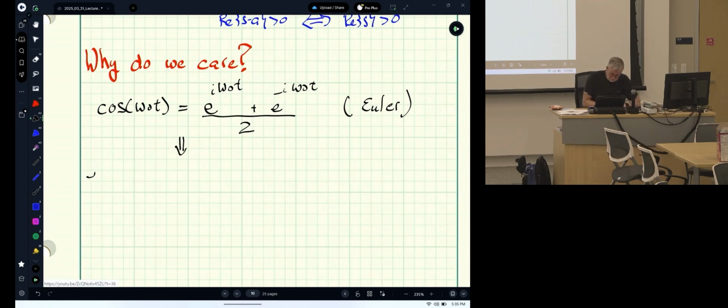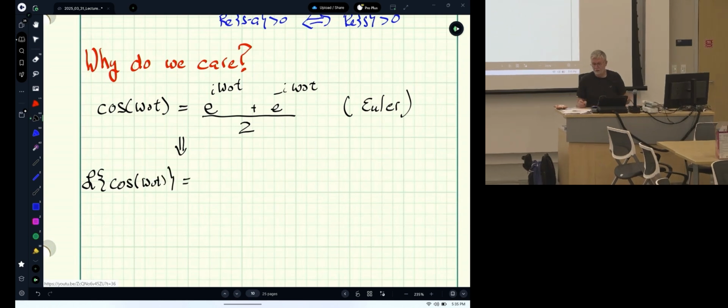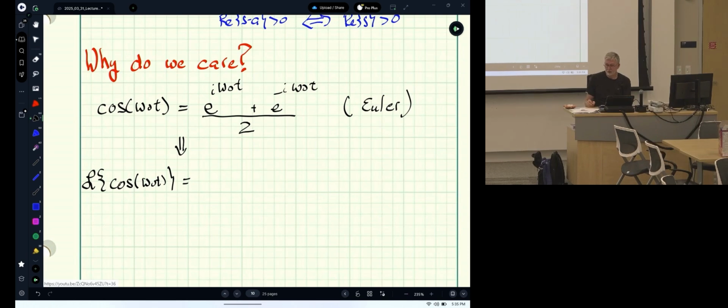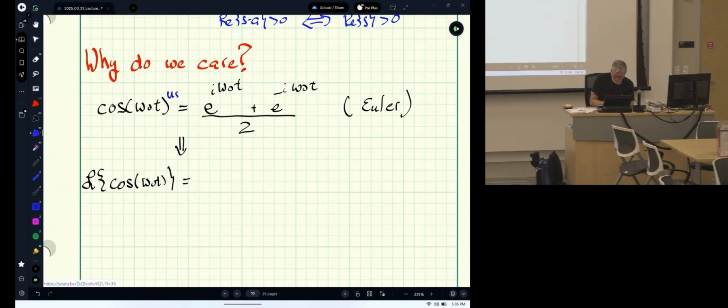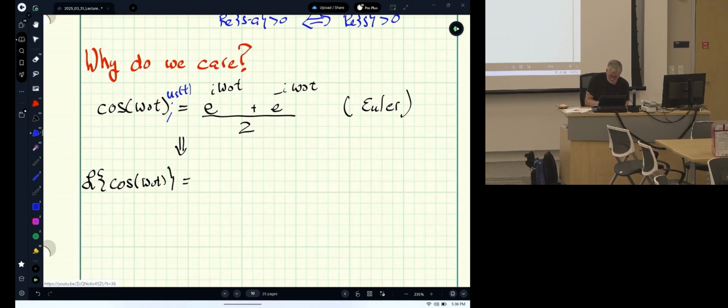So if I take the Laplace transform of cosine omega naught t, what do I get? Well, I should say cosine omega naught t times the unit step of t. Never leave it out.